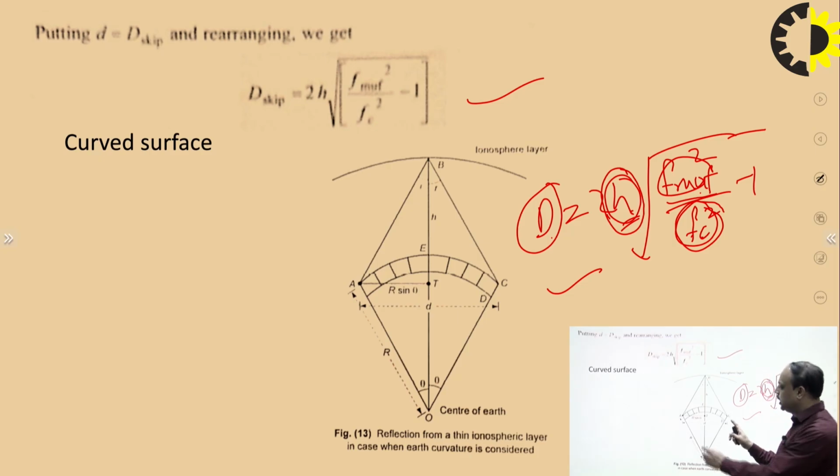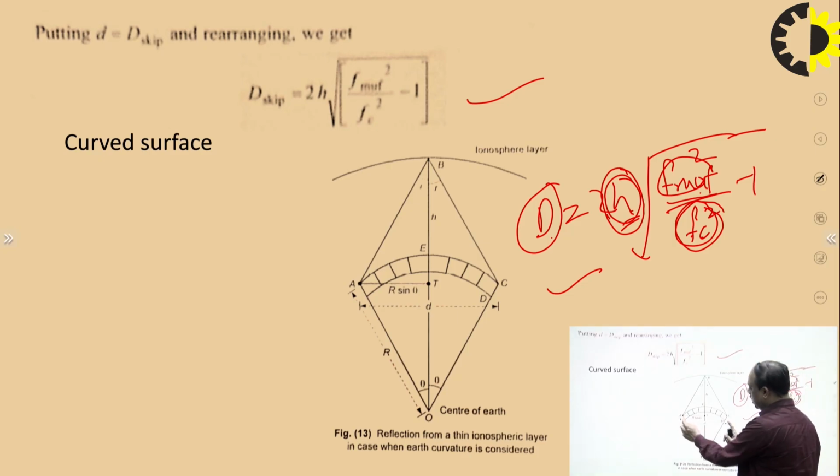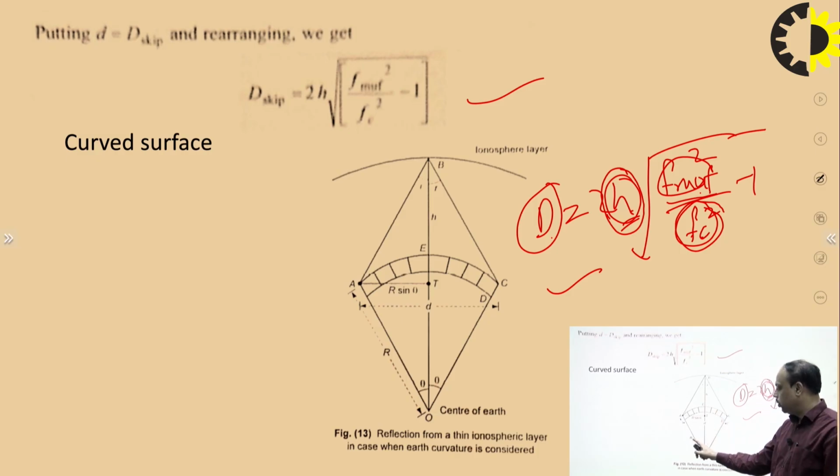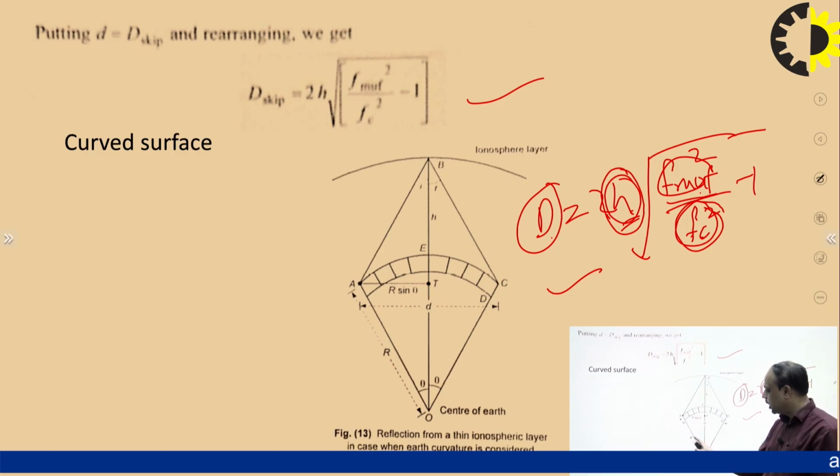This is the skip distance d from A to C, and this is again R. If this makes angle theta with the radius, then AT is nothing but R sin theta, and OT is equal to R cos theta, where d is the skip distance in case of the curved earth from A to C.